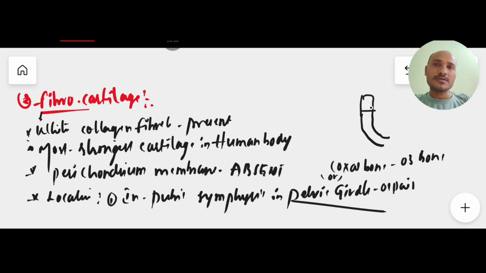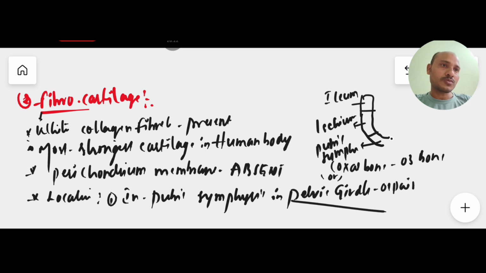Here we have the ilium bone, the ischium bone and the pubic bone, and it is one coxal bone. We have two coxal bones, and this side also has the same ilium bone, then ischium bone, joined with another pubic bone here.